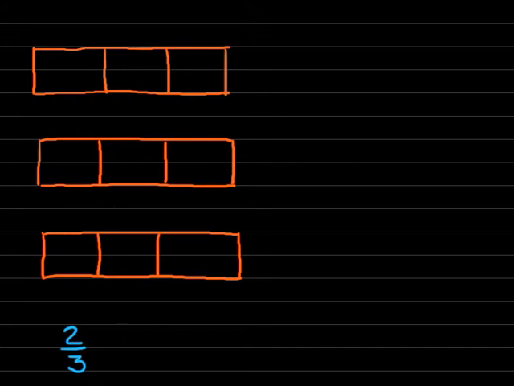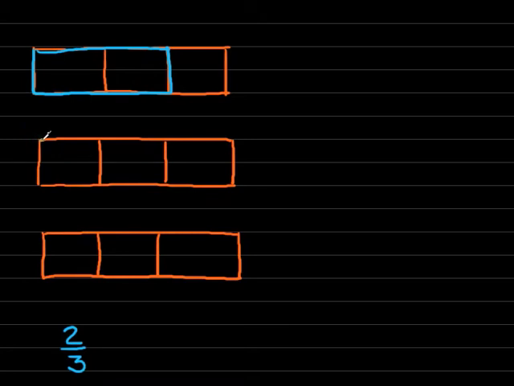And we are interested in the fraction 2/3. So one whole is 1, 2, 3/3. I am interested in two of those. So I'm going to outline in blue 2/3.